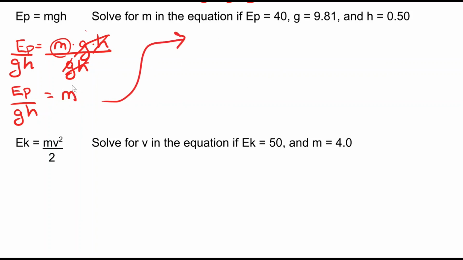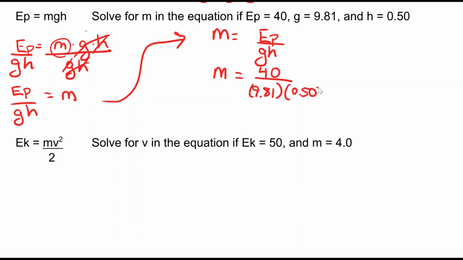I'm very used to putting the isolated variable on the left side of the equation. So M equals EP over GH. So let's go ahead and put in our values. M is equal to 40. EP is just 40. And then G is 9.81. And H is 0.50.